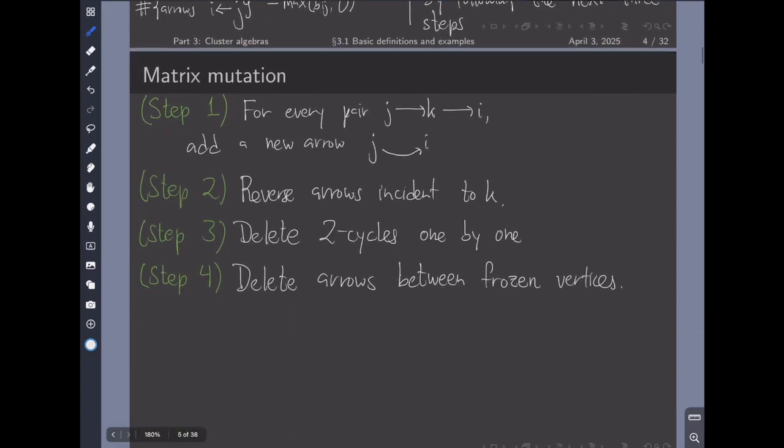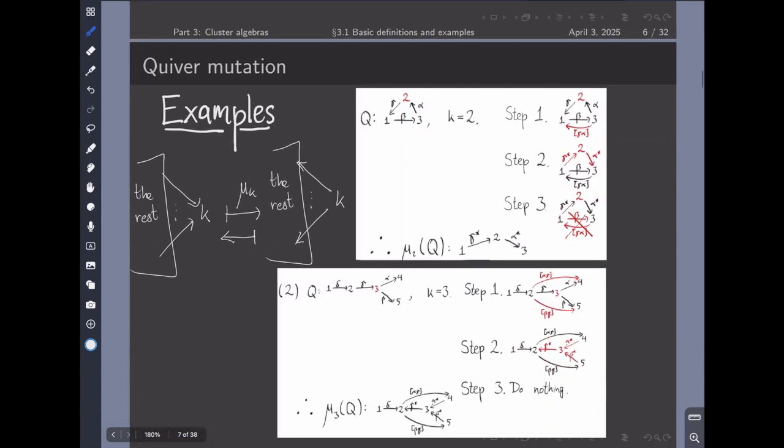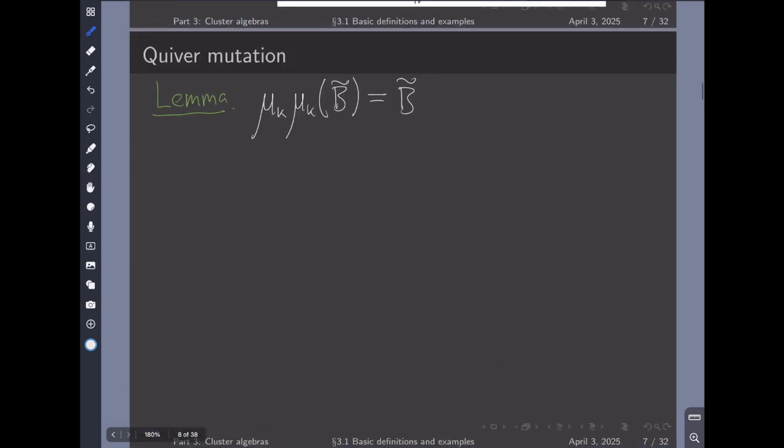Another property also is, and by the way, this is of course more general than just quivers, because this is for skew symmetrizable matrices. So this is for every b tilde in Z^(n+m) cross n skew symmetrizable.